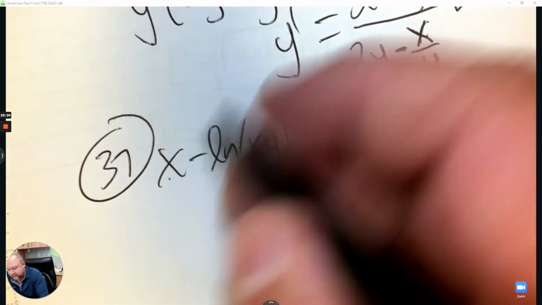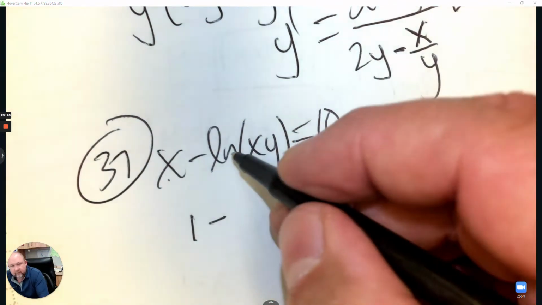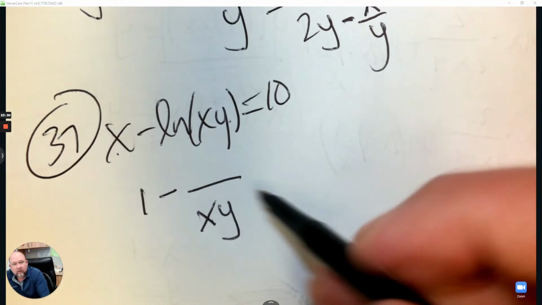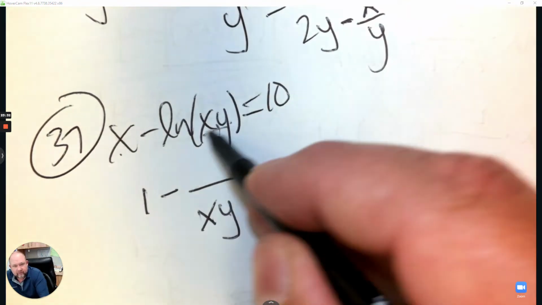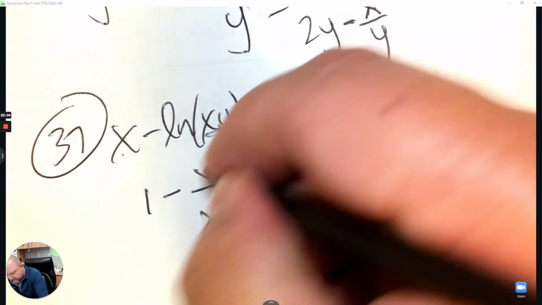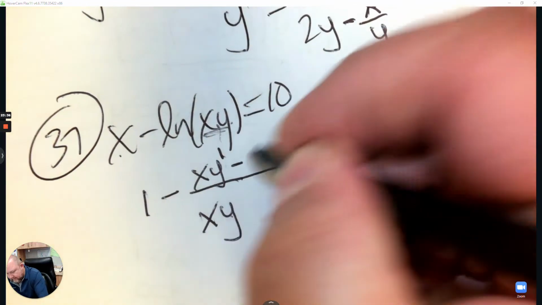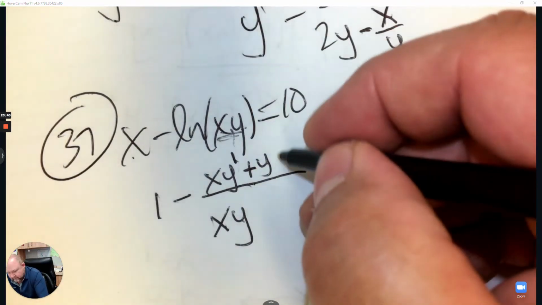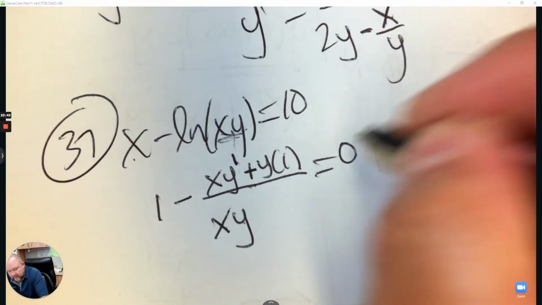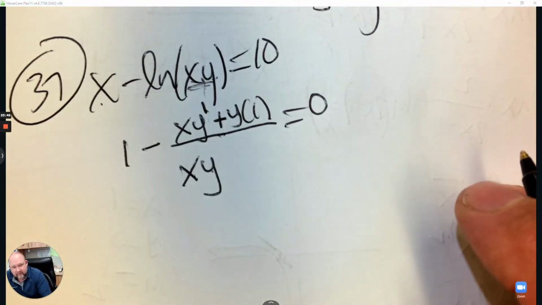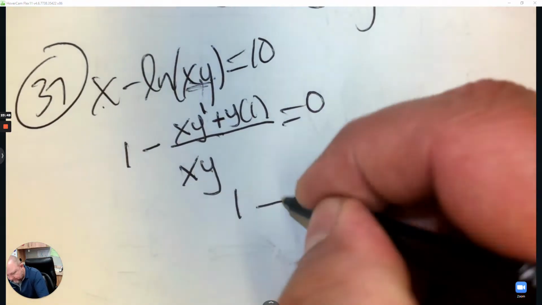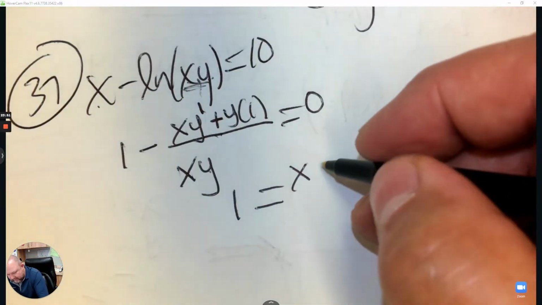So the derivative of x is 1. The derivative of ln, what you see is in the denominator. This is the product rule. That's the first times the derivative of the second plus the second times the derivative of the first. And then the derivative of 10 is 0. I'm going to add this whole fraction to the other side.